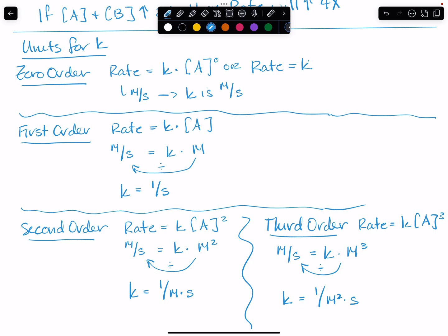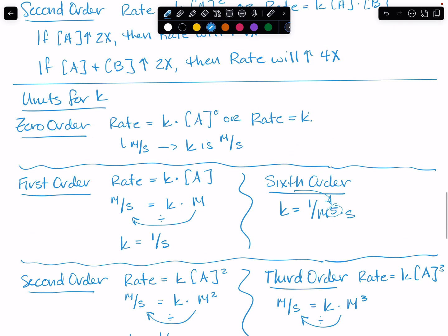And just for funsies, let's say we have something that is sixth order, and I wanted to guess what the unit for K would be. I would say it's going to be 1 over molar raised to the 5th power times seconds. See how this power is always 1 less than the order.